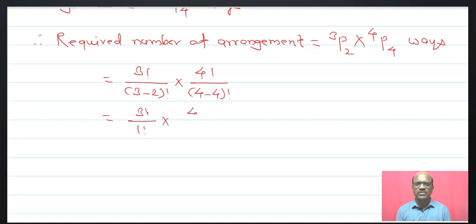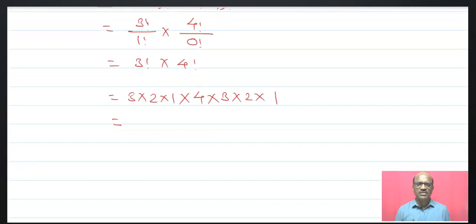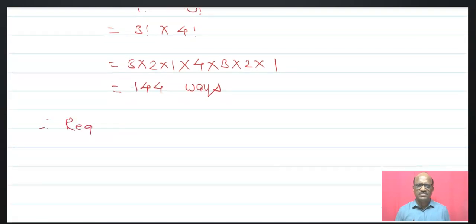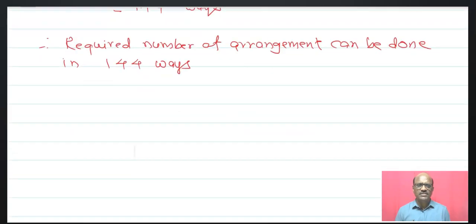That is 3 factorial upon 1 factorial into 4 factorial upon 0 factorial, that is 3 factorial into 4 factorial, that is 3 into 2 into 1, 4 into 3 into 2 into 1, that is equal to 144 ways. Therefore, the required number of arrangements can be done in 144 ways.